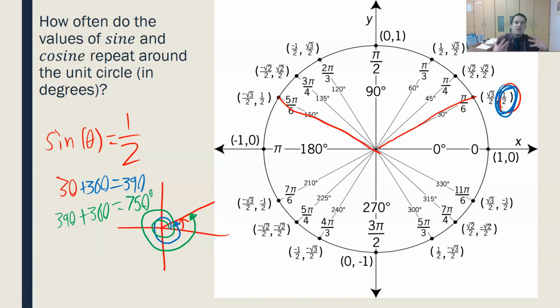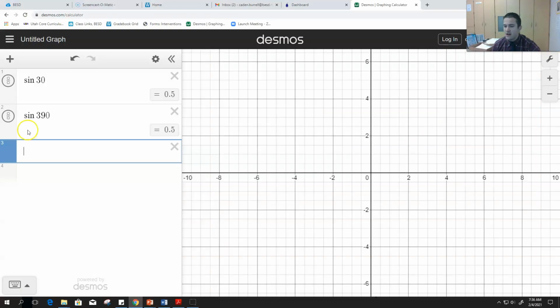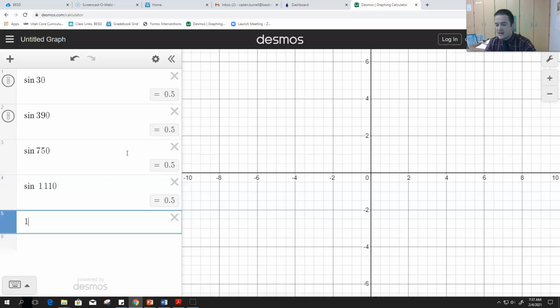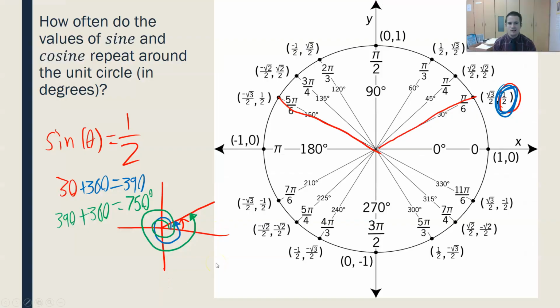So technically 750 degrees would also have a sine value of 1/2. Let's double check that. Sine of 750 degrees indeed is 0.5. If I add 360 again, that's 1,110, still 0.5. If I add 360 again, that's 1,470, it's 0.5 again. Do we see what's happening?